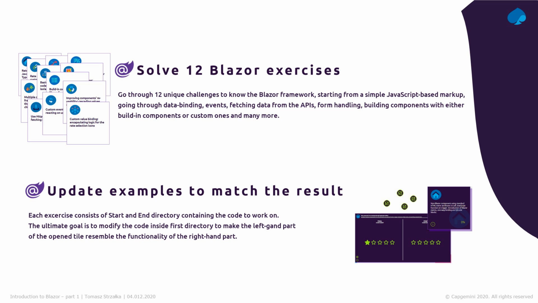Moving forward, we are going to implement all of the mentioned features by completing 12 exercises I have prepared in an example Blazor application. The application itself would be divided into 12 parts, and the goal of each of them would be to create the working component displayed on the right part of the screen for each demo.